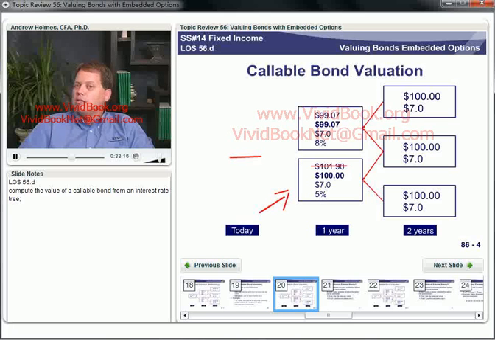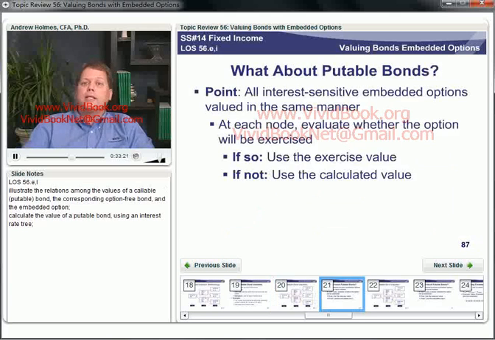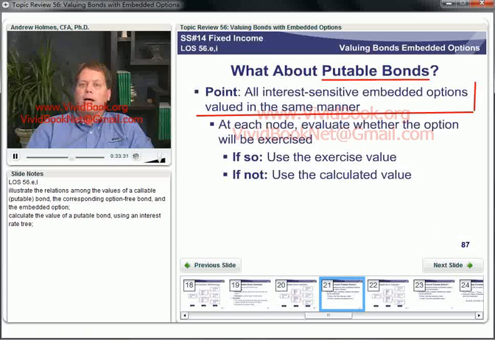Now, the title of this reading isn't valuing callable bonds, it's valuing bonds with embedded options. There are many types of embedded options, but the other common one would be a puttable bond. The point here is that they're all valued the same way. When you're going through this binomial process, at every node, you simply ask yourself, will the holder of the option exercise?